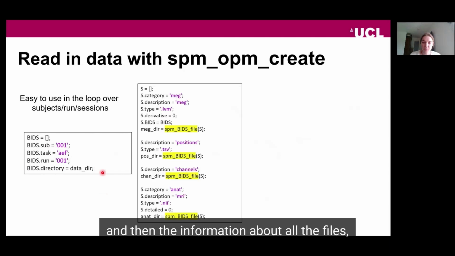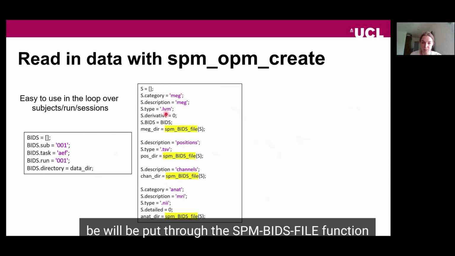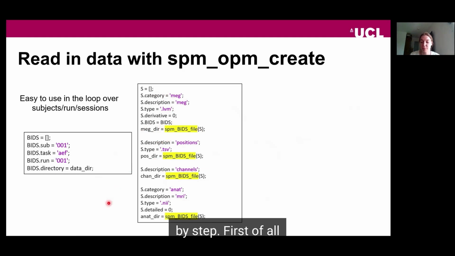Then the information about all the files, the main file and all the meta files about the neuroimaging data, will be put through the spm_BIDS function, and the directories of each file will be created. So let's go step by step.